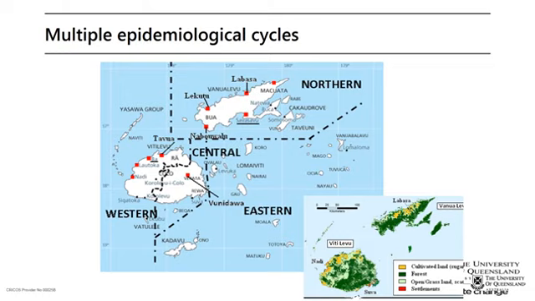And this is set in Fiji, so just skipping ahead. So Fiji is an island country with 300 of and there are different zones, and so this is the two main islands where most of the population live.